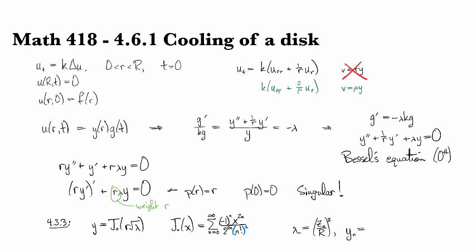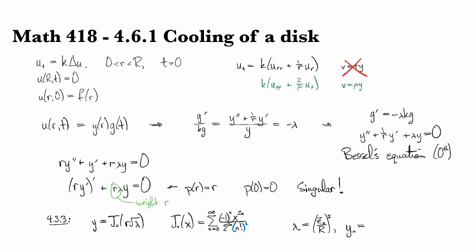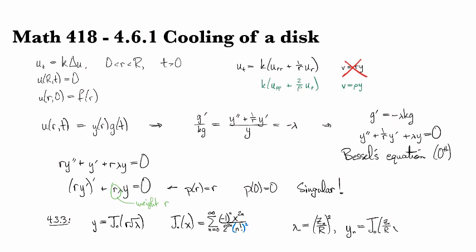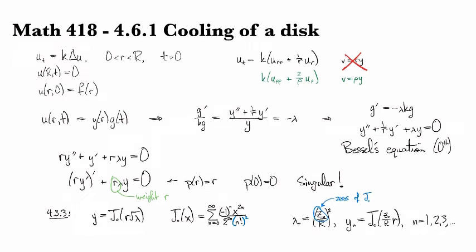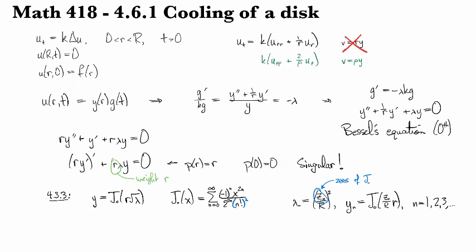And so the corresponding eigenfunction y_n is J naught of Z_n over r times x, but in our case we're using the variable r, and that's for n equals 1, 2, 3, and so on, where these are the zeros of J naught. And those zeros are not completely periodic. They don't appear in any nice regular pattern. They do form an increasing sequence, but that's about all you can say. So that's all I'm going to say.